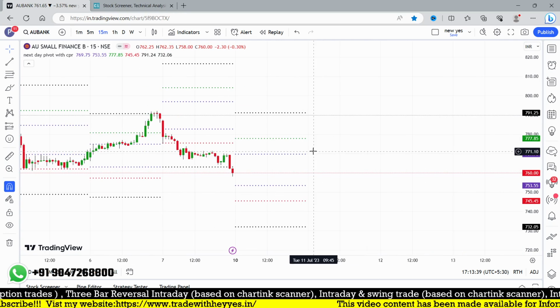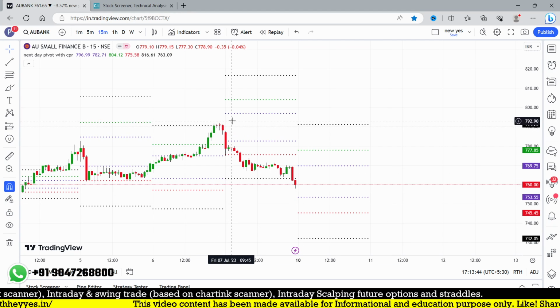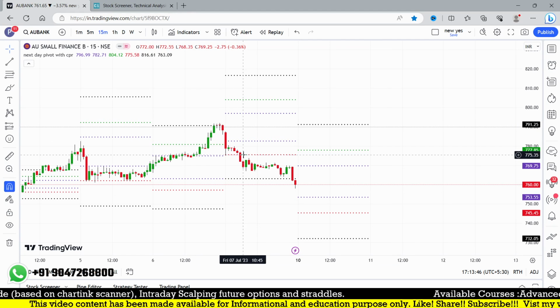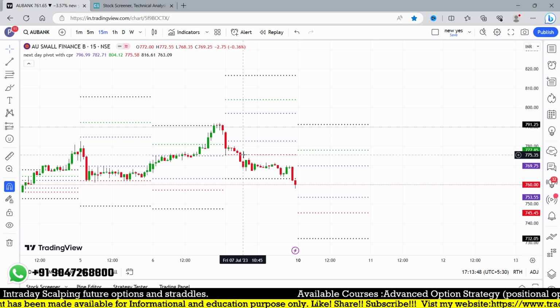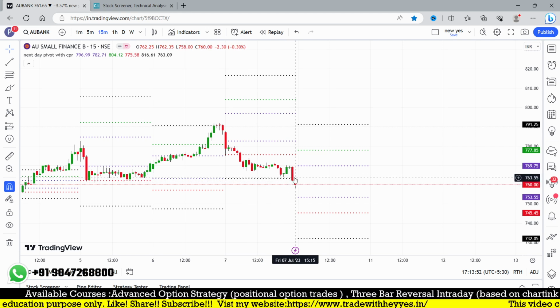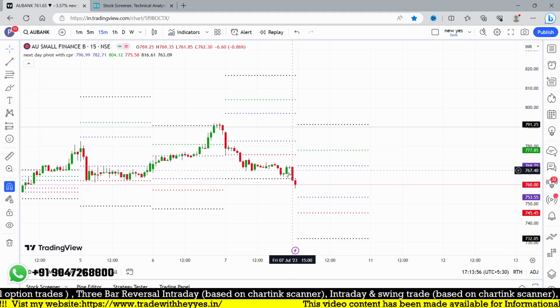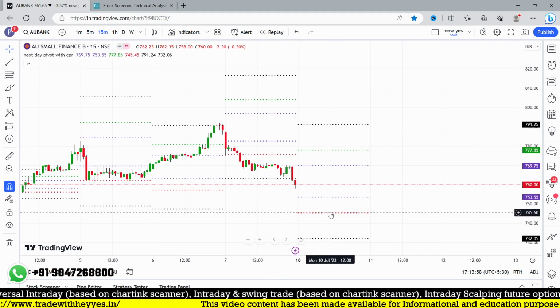One more concept which we recently updated: if the open price is in between R3 and S3, and then it breaks below S4, there is also a trade opportunity. And in this case it closed by 3 o'clock, it broke down S5, and these are all tomorrow's levels.